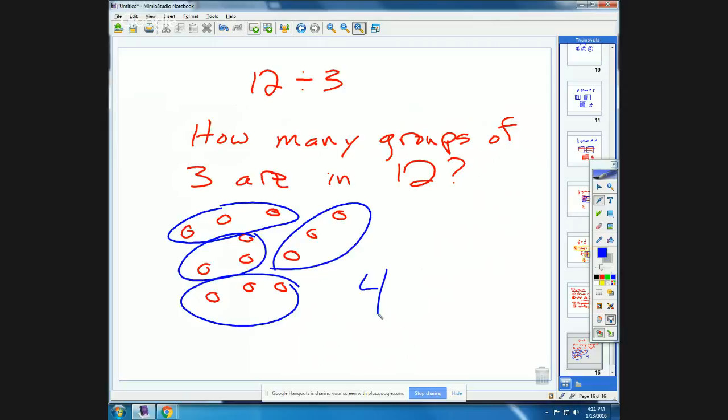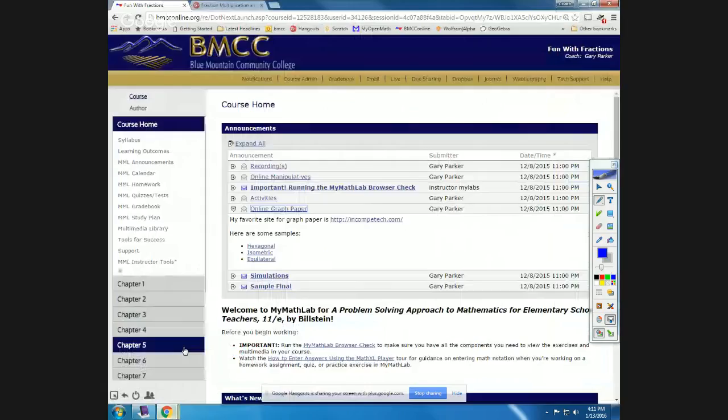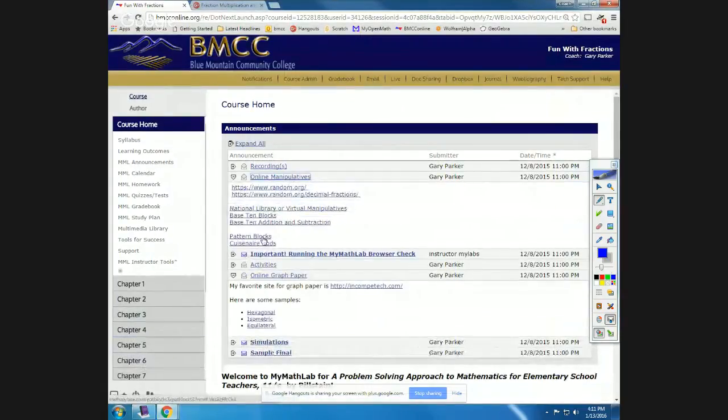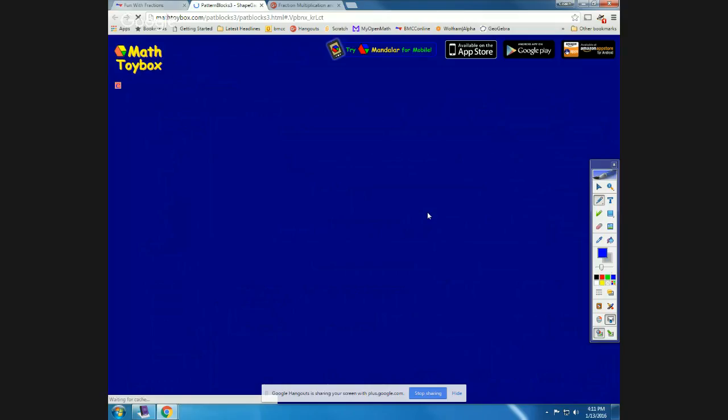And I'm going to use some toys. Oh, I forgot my toy box. Get my toy box. So I'm going to grab my online toy box. Let's use the pattern blocks. Okay, can you see my pattern block screen, Debbie? Yes, I can. Pretty soon it should pop up with pattern stuff.